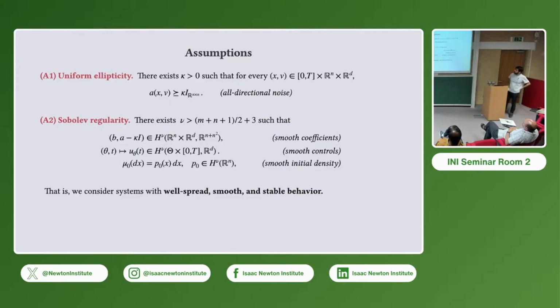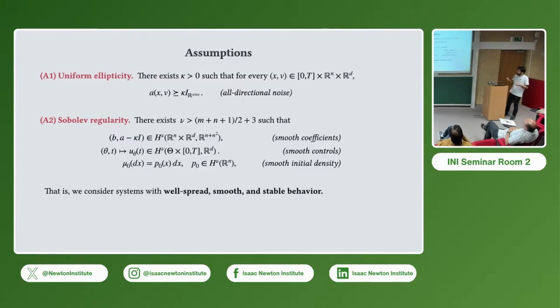The first one is that the noise is uniformly elliptic, meaning that it spans all the directions of the space. The other one is that we assume Sobolev regularity of the coefficients, of the parametrization, and of the starting density.